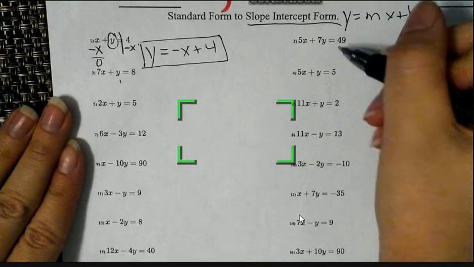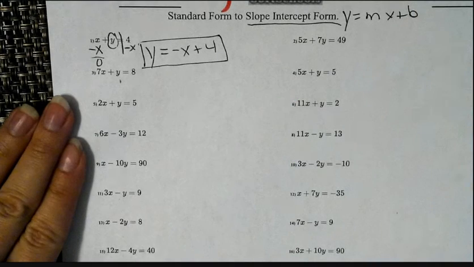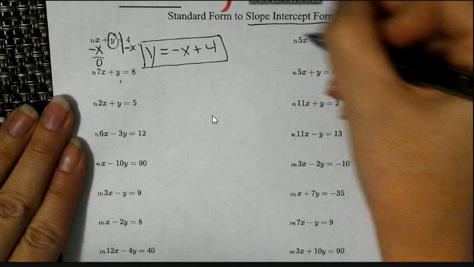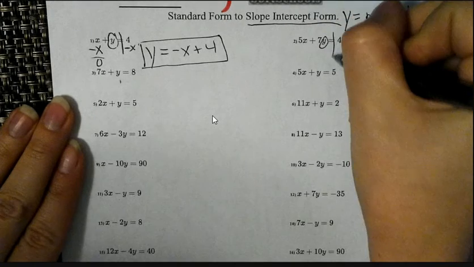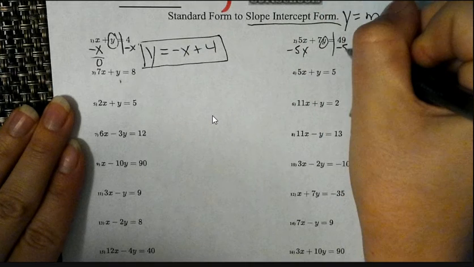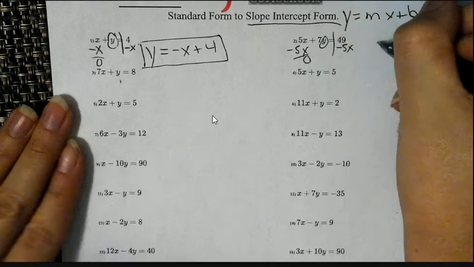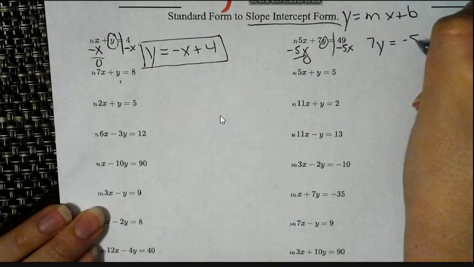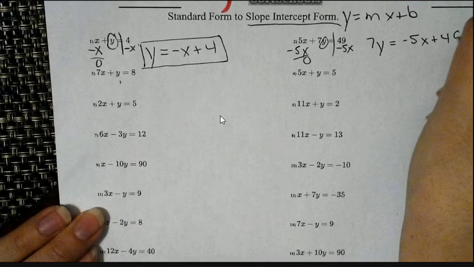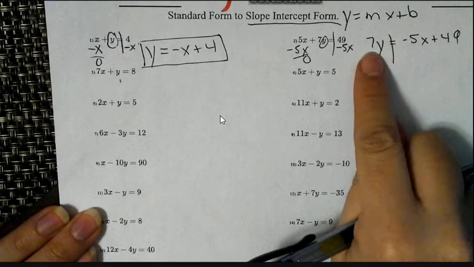Number 2 is a little bit more complicated. So I have 5x plus 7y equals 49. I'm going to subtract 5x from both sides, and when I do that, I am left with 7y equals negative 5x plus 49. Now I have 7y.